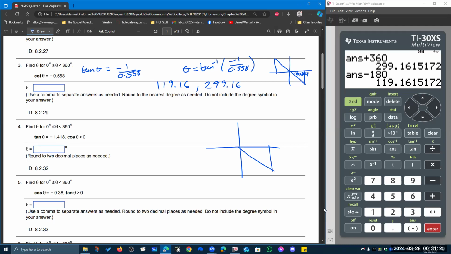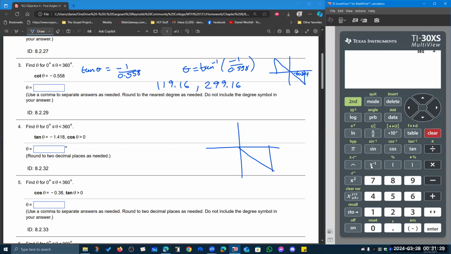And let's find this angle, still between 0 and 360 degrees. So arctangent of negative 1.418. It's going to return a negative angle, and I'm going to add 360 to that.